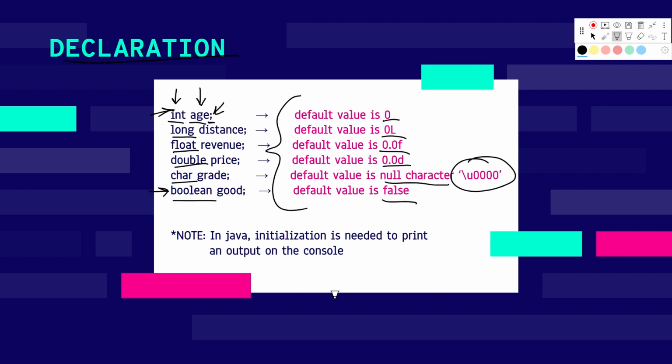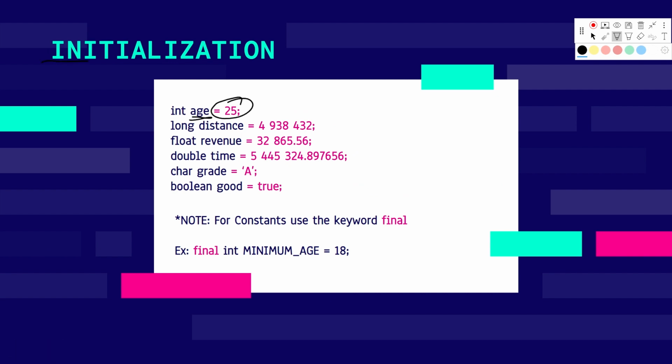It only had the default value 0, but we didn't assign the variable age any particular value. In the initialization phase, we actually give a value to the variable. So age here has a value of 25. Distance here has a value of 4 million, etc. Here, revenue has the value of 32 million, and so on and so forth.